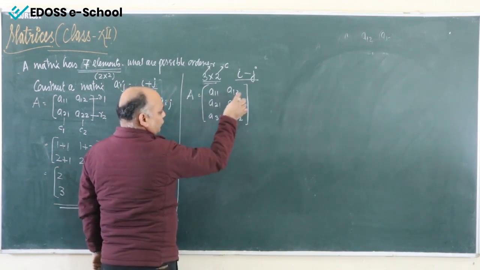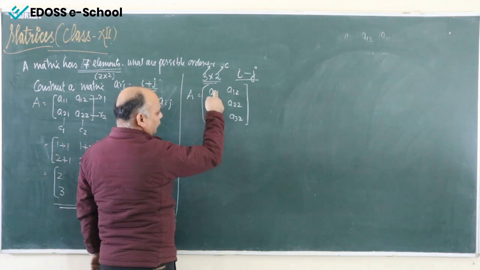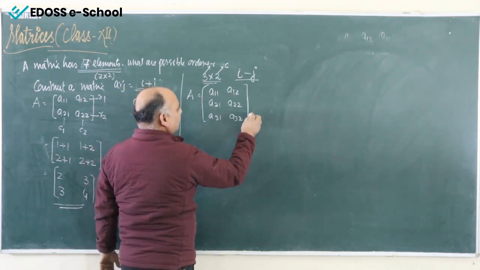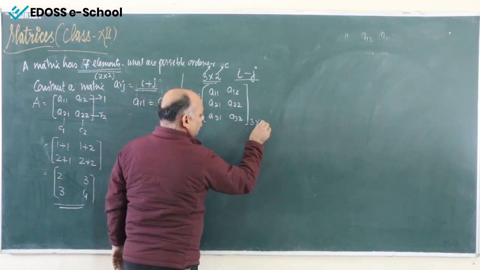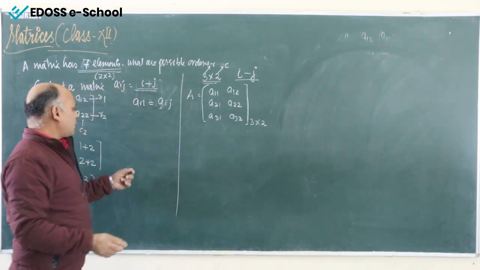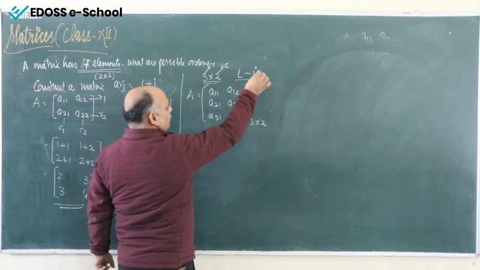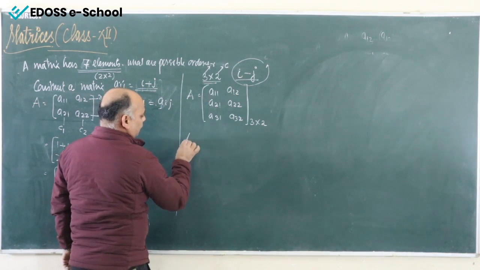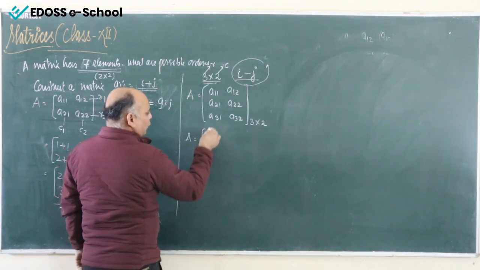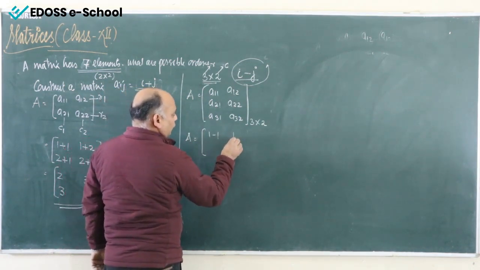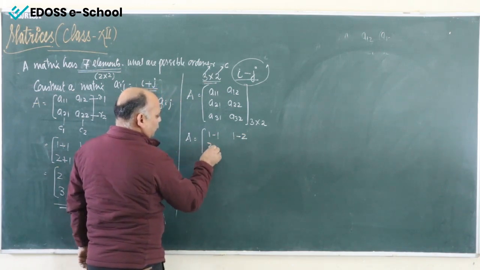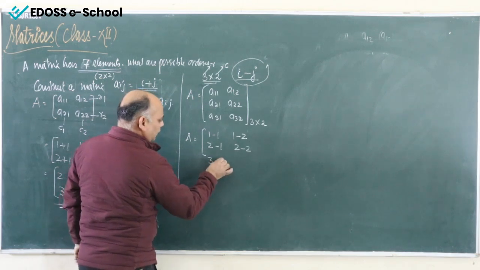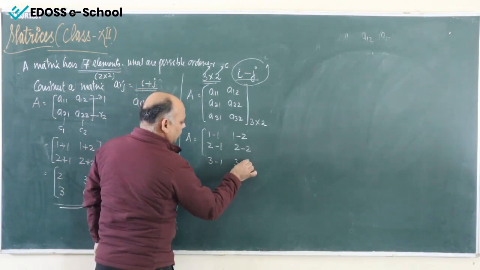See here, first row, second row, third row, first column, second column, and its dimension or order is equal to 3 cross 2. And the question says its elements are given by i minus j, meaning you have to subtract. The matrix A will be equal to 1 minus 1, 1 minus 2, 2 minus 1, 2 minus 2, 3 minus 1 and 3 minus 2.